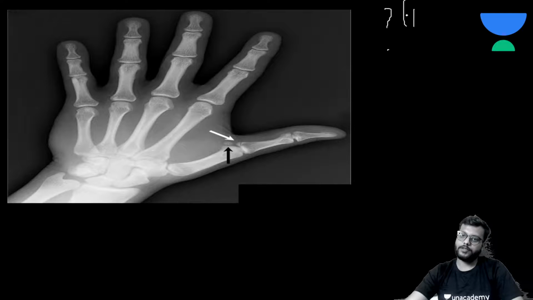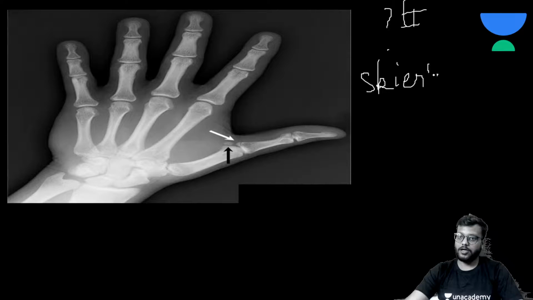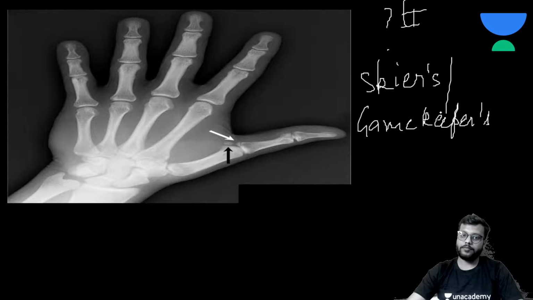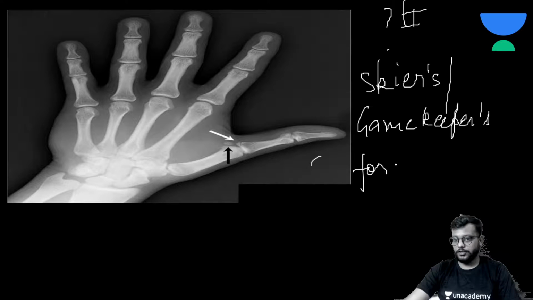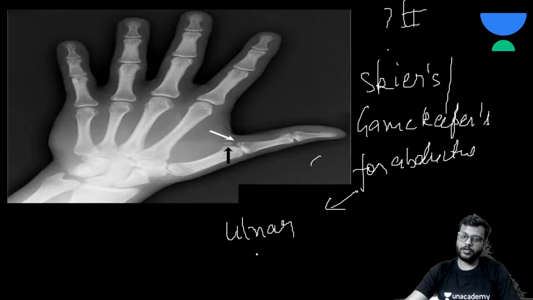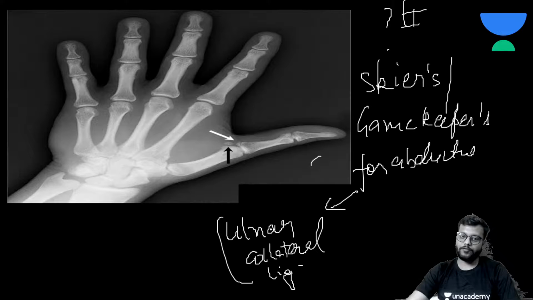what is this? This is skier's thumb or gamekeeper's thumb, in which thumb, yaani first metacarpophalangeal joint pe there is forceful abduction, due to which there is tear of ulnar collateral ligament, and sometimes it takes a chip of the bone with it.